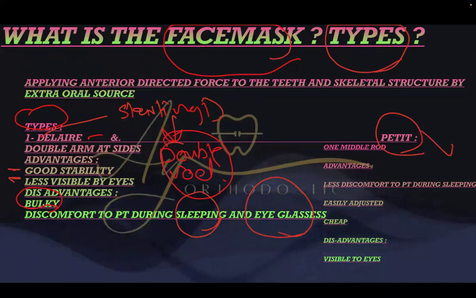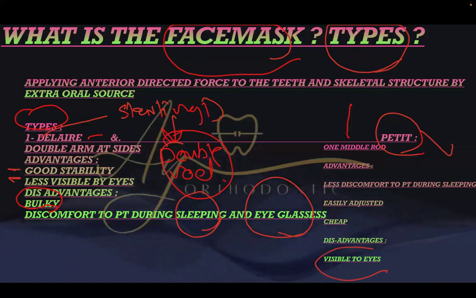What about the Petit? Petit means small in English, so it will be one rod in the middle, okay? The advantages: it's less uncomfortable during sleeping, easily adjusted, and relatively cheap compared to the Delaire type. But one of its disadvantages is that, because it's in the middle of the face, it's visible to the eyes.